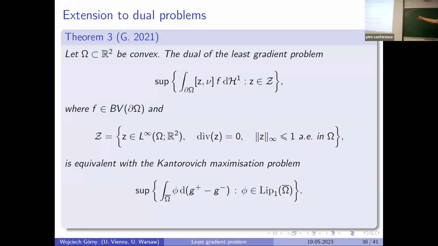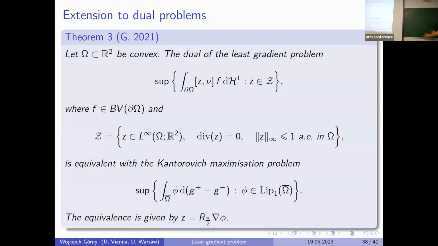One can compute directly what the dual of the least gradient problem is, and one can prove that it is equivalent to the well-known Kantorovich maximization problem, which is the dual of the optimal transport problem. The maximizers of this problem are called the Kantorovich potentials, and they can usually be calculated explicitly, which is a very nice thing from our point of view, because the equivalence between these two problems is again given explicitly.